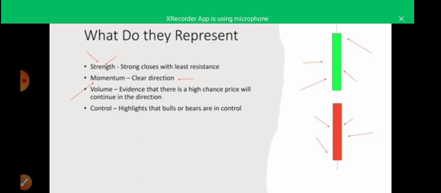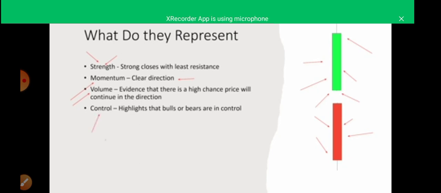What else does it represent to us? Well, it represents volume. There's evidence here that there is a high chance price will continue in the direction it has closed. Comparable to our depletion candles or our wick rejection candles, we have more substance here to be working with, and also to identify what the next candle could be, or the direction that the market will continue to go. The final thing that it could represent is control in the markets.